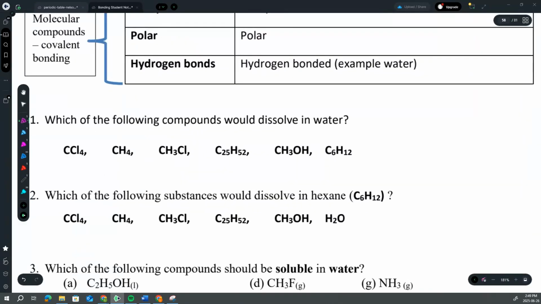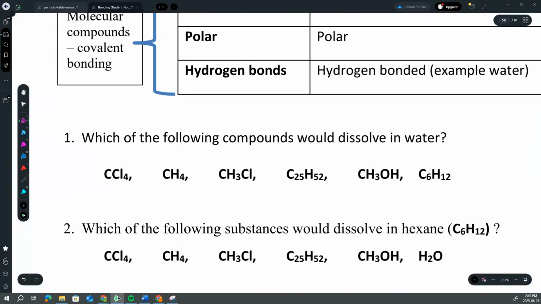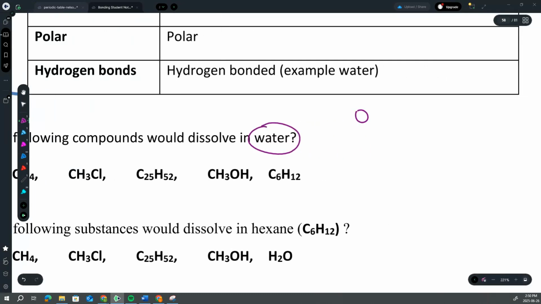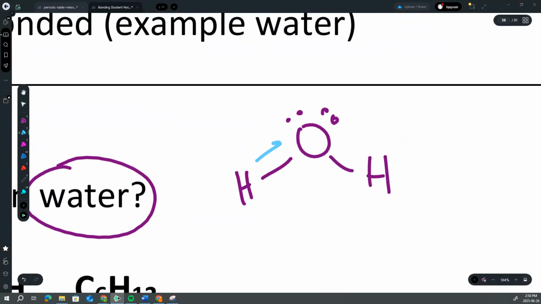So if we're looking at some of these examples here, which of these would be dissolved in water? First of all, let's figure out, water, is it polar or nonpolar? So we can apply this rule of like dissolves like. If I draw a quick picture of water here, and then draw the little dipole moments.